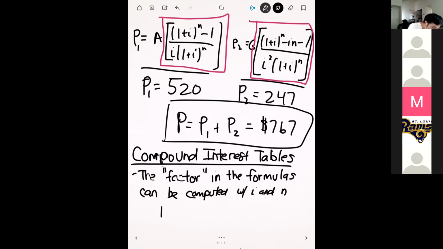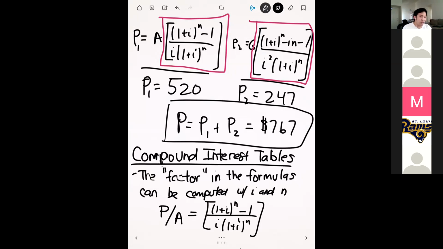Let's say we have P, and I'm going to divide both sides by A. So P over A is equal to (1 plus i) to the n minus 1, all over i times (1 plus i) to the n. So we have a ratio of P over A, and that's equal to our really cumbersome thing.